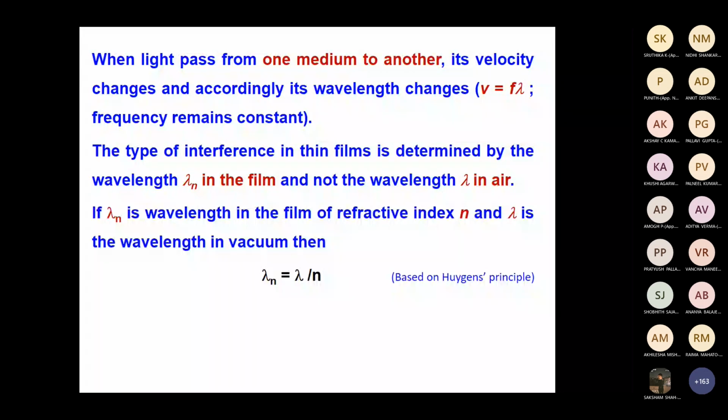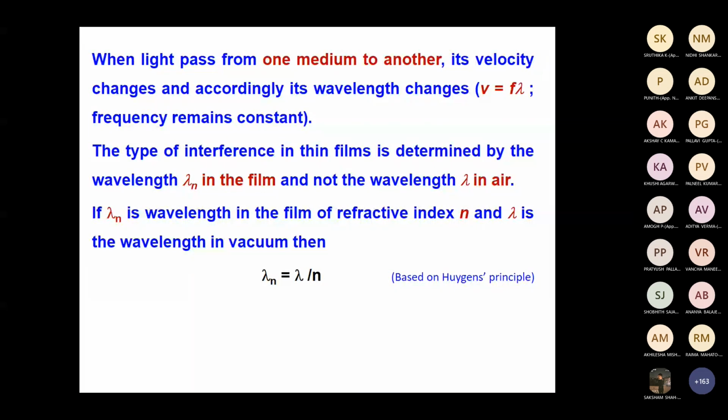In that case, we can write lambda n is equal to lambda by n. In simple terms, the wavelength in a particular medium is nothing but the original wavelength divided by its refractive index. When I say original wavelength, I'm talking about the wavelength just before it enters the medium.